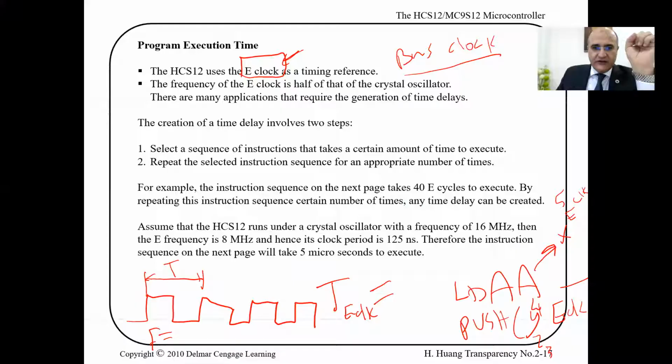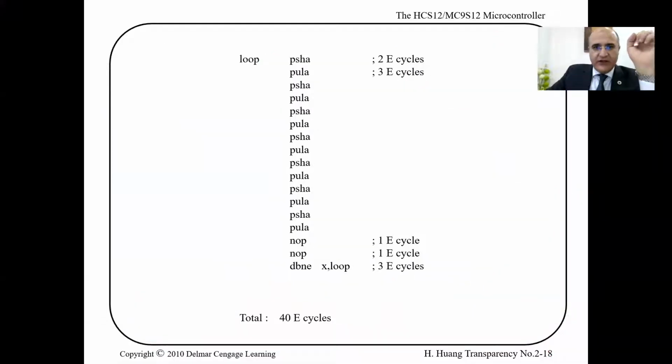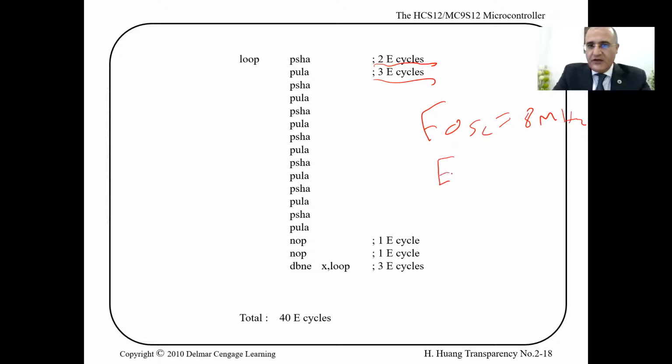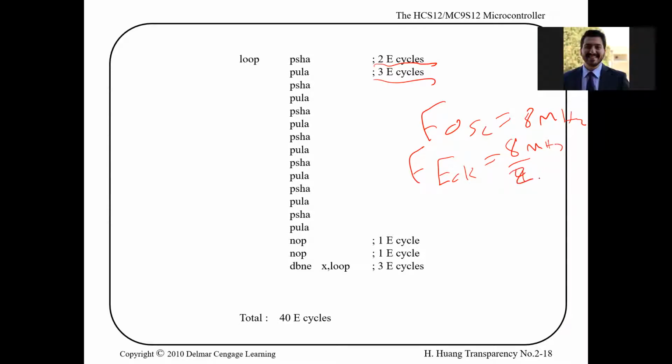When we blinked the LEDs, we did the delay. We used push and pull, right? The push takes 2 E cycles. The pull takes 3 E cycles. If the oscillator clock was 8 megahertz, then the E clock frequency is 8 over 2, equals 4 megahertz.